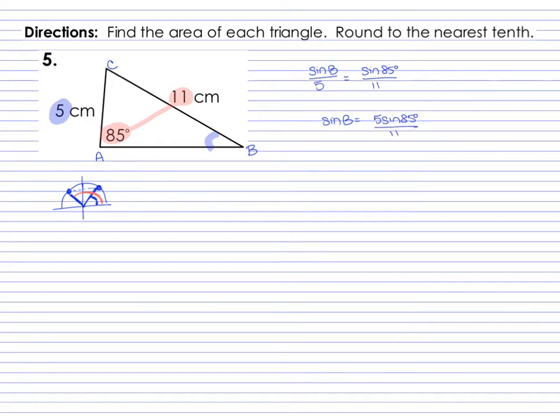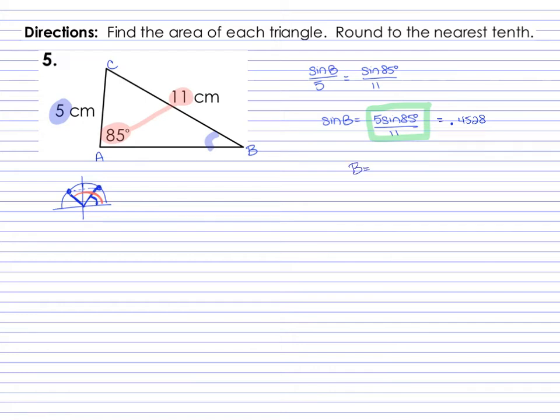Now remember, I want you guys to go through and actually solve this, because that number has to be between -1 and 1. So when you do that in your calculator, you're going to find that 5 times the sine of 85 divided by 11 is 0.4528, which is within that range of sine. So we can find the inverse sine.